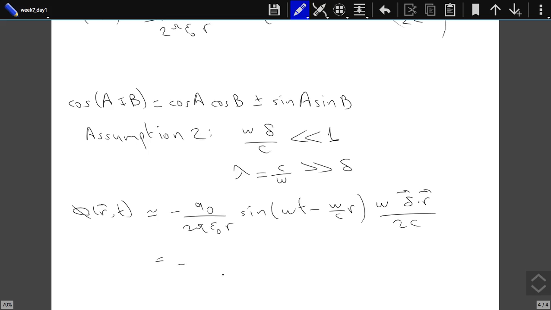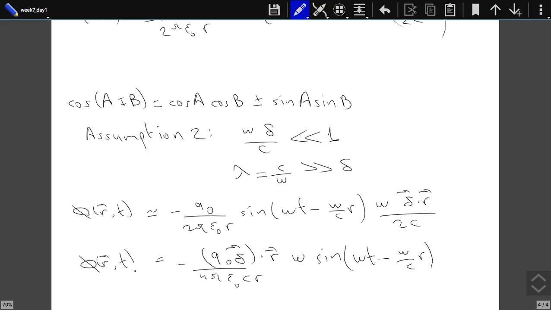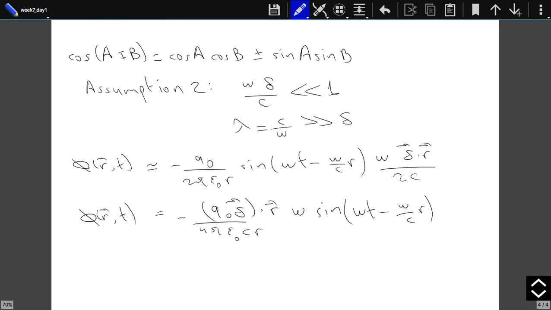This is minus q0 over 4 pi epsilon 0 c r, q0 times delta dot r omega, sine of omega t minus omega over c r. This is r hat.